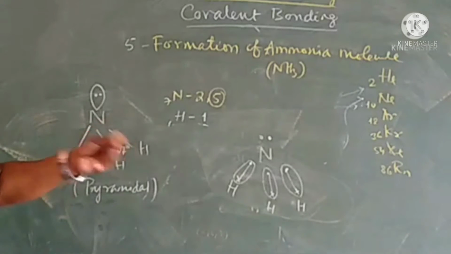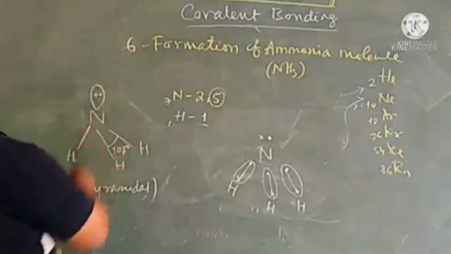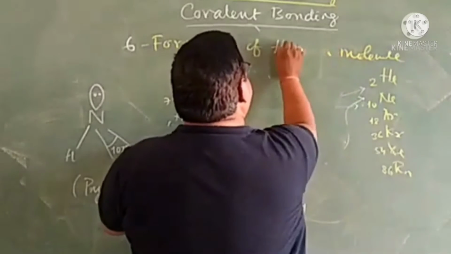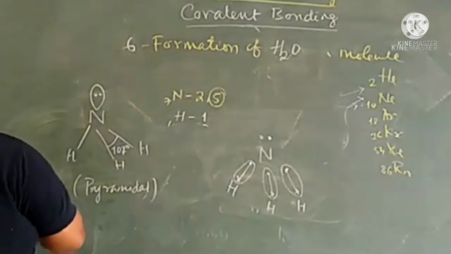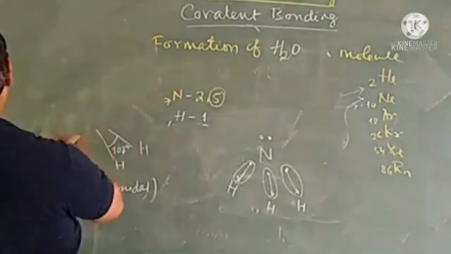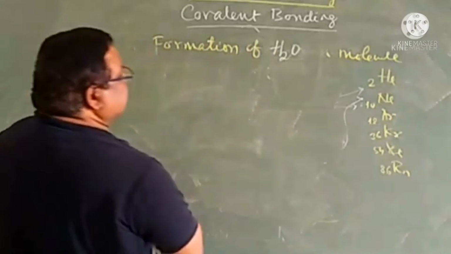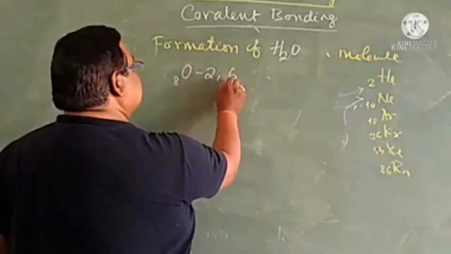Okay, so next example, let us see. Number 6, formation of water molecule, H2O. Here oxygen atomic number is 8, electronic configuration 2 and 6.